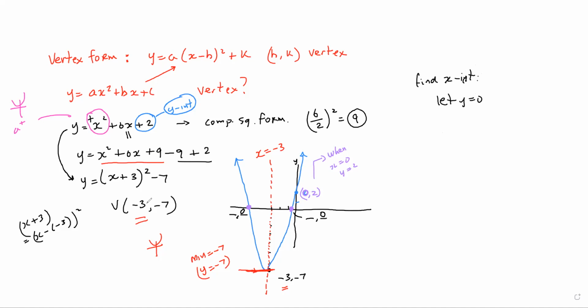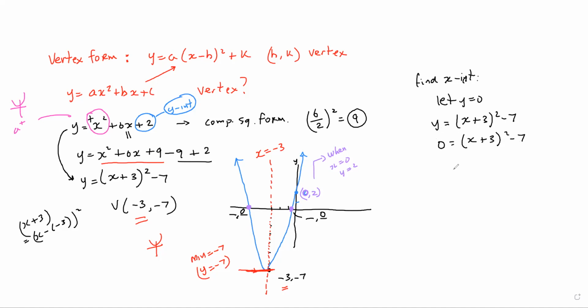So I'll put 0 into my completed square form down here. So y equals (x plus 3) squared minus 7. So we let y equals 0 because on these points, y will be 0. So I put 0 into here for y, which is what I've done here. And then all I need to now do is solve for x.